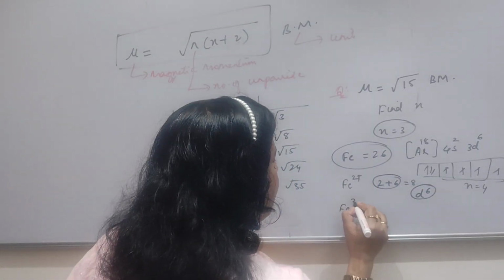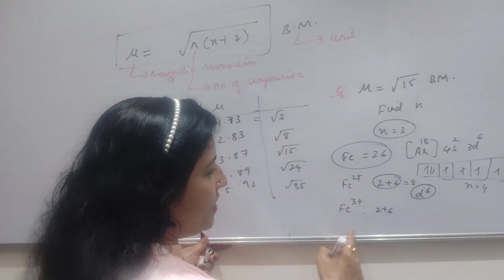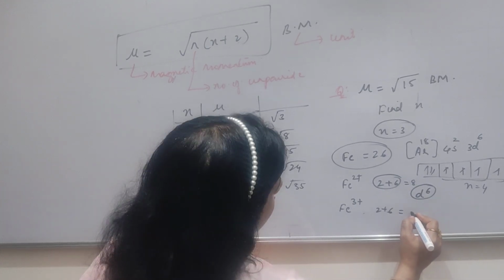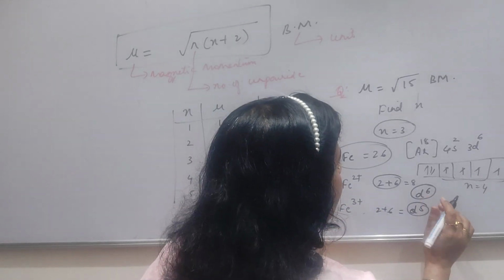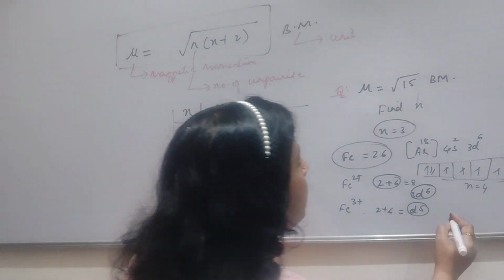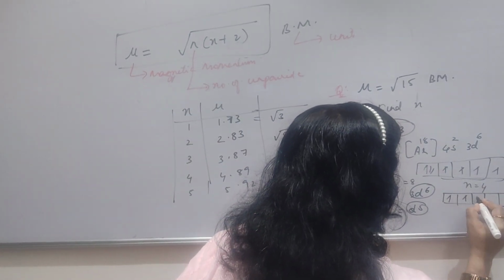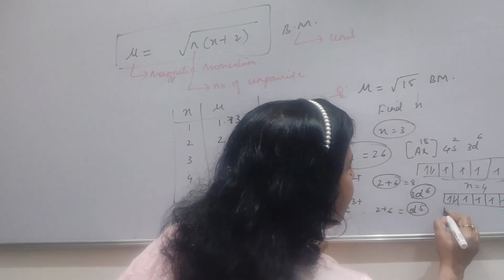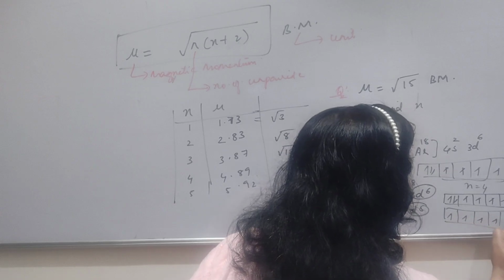If it is Fe3+, then iron is 2 plus 6, that is equal to 8. 8 minus 3 will be 5, so it will be 3d5. So Fe2+ will be 3d6 and Fe3+ will be 3d5. If you fill the electrons here, n is equal to 4, and here n is equal to 5.